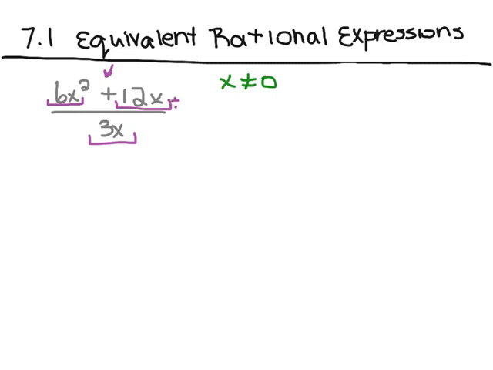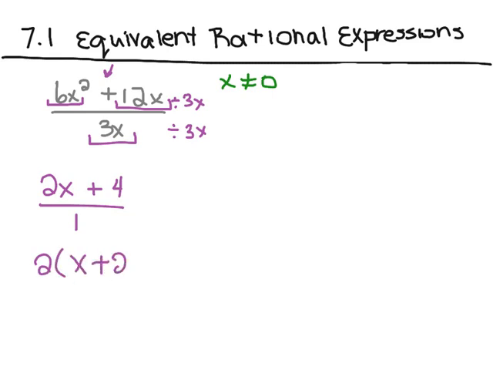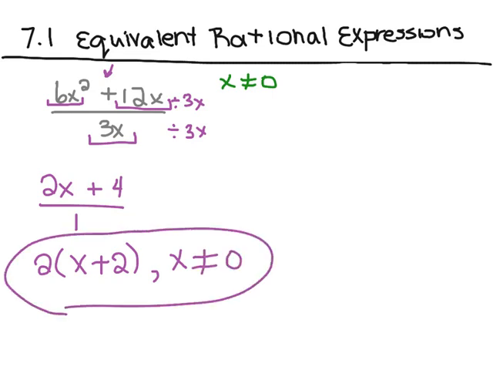So we're going to divide by 3x on the top and the bottom. So we should be left with 2x plus 4 over 1. And because these are both divisible by 2, we can break it down to 2x plus 2 when x does not equal 0. So this is our simplified rational expression.